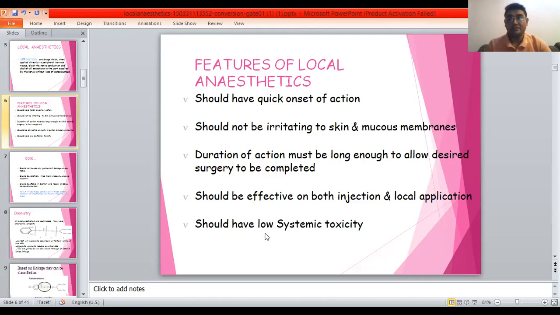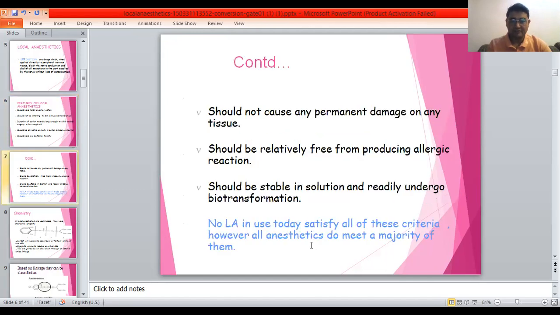It should have low systemic toxicity. Of course, we choose the drug with low systemic toxicity. It should not cause any permanent damage on any tissue. It should be relatively free from producing allergic reactions.